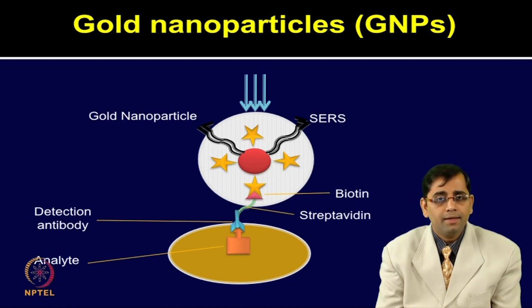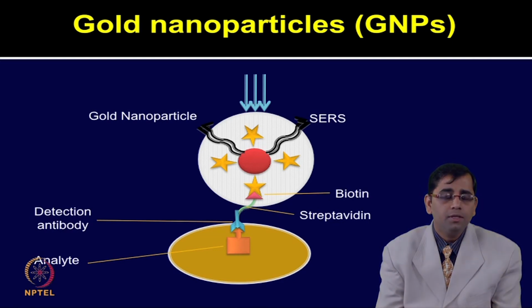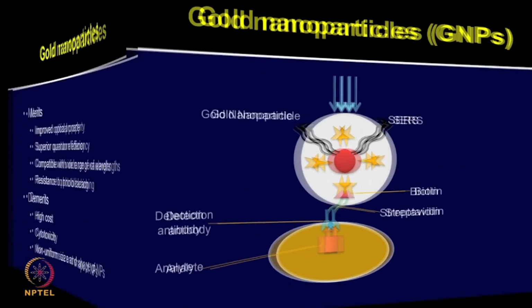As you can see here in the slide, the change in the emission spectrum of scattered light is detected upon binding of gold nanoparticle, which is conjugated with antibody, to the analyte of interest.